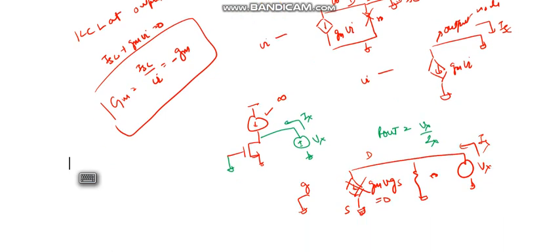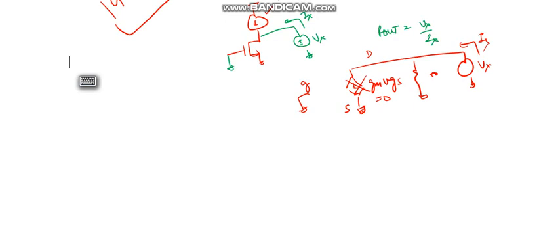So the small signal model reduces to ro across Vx.